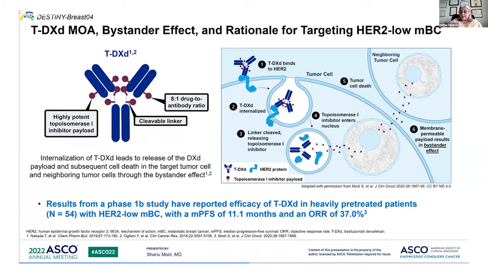And these neighbor cells are not HER2 positive, okay? They are, let's call it, HER2 low or even HER2 negative, who knows? But because the chemotherapy has been transported close to them, they also die.